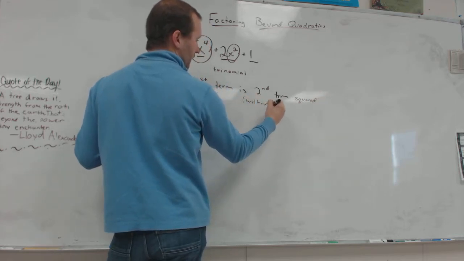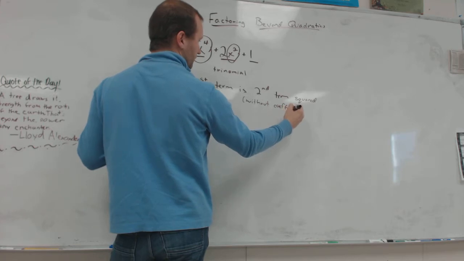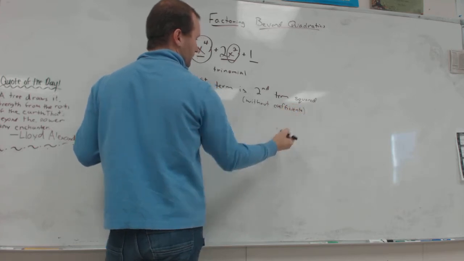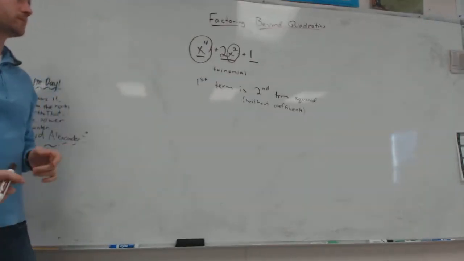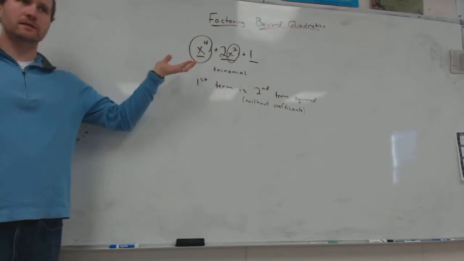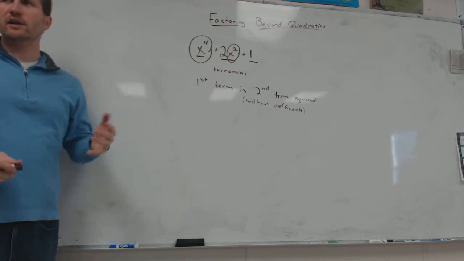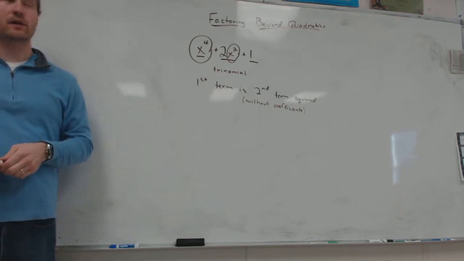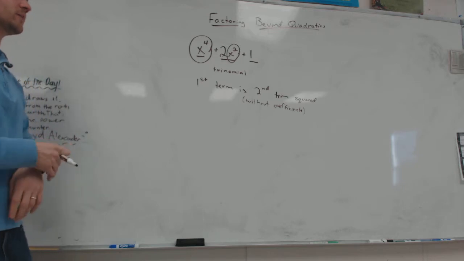So ignoring our coefficients. And when you see something like this, you actually can factor it using what you already know. And this is actually the easiest way to factor something.